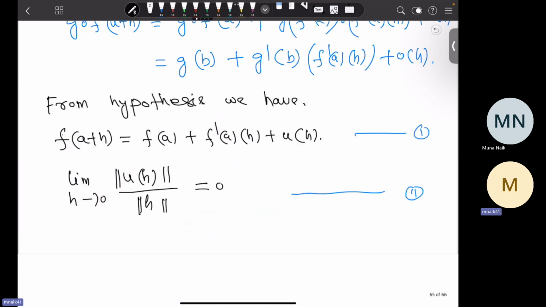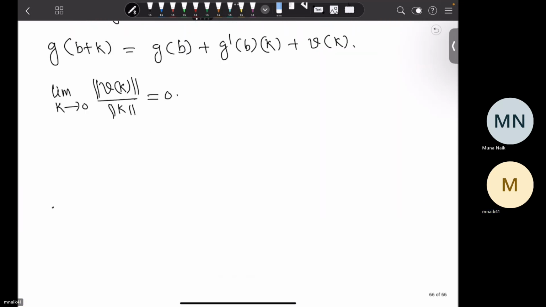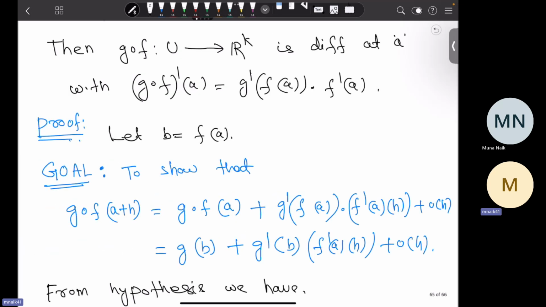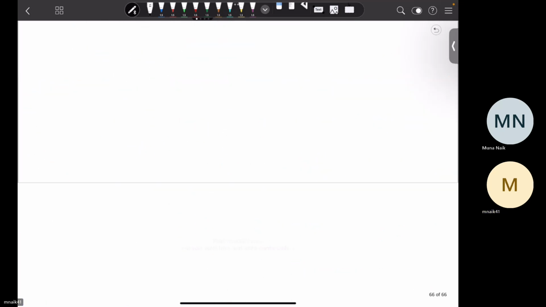Okay, so this is the thing. Now our goal is to show that G composition f of a plus h is this thing. Now let us begin that.